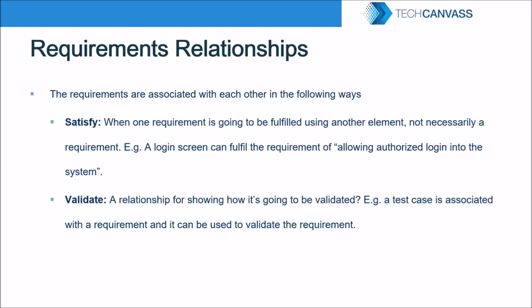Then validate. That's another relationship where you are trying to figure out how something is going to be validated. If you remember, validation is related to the connectivity of a requirement to the business goal. That's why the BABOK guide has not left it to testing as such. If you look at the BABOK guide, there's no chapter on testing. There's absolutely no separate mention of a task called testing, which is a separate knowledge area.